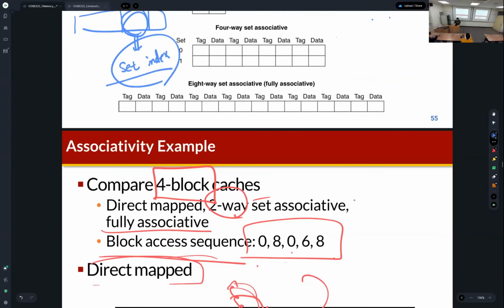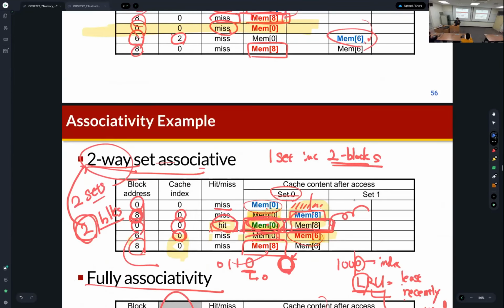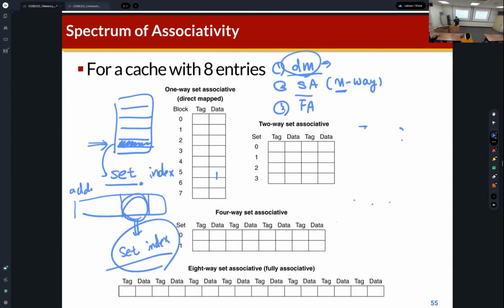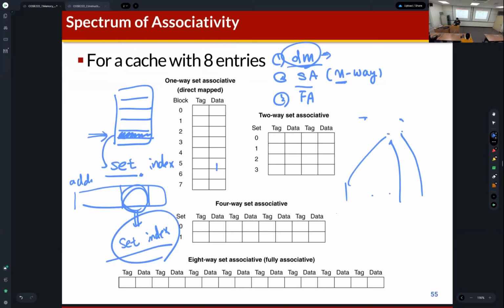We discussed the performance of the direct map cache, the set associative cache, and the fully associative cache. The disadvantage of the direct map cache is that if multiple memory blocks are mapped into a single target set, then the block needs to be evicted for the next request, which means the cache miss rate can increase.